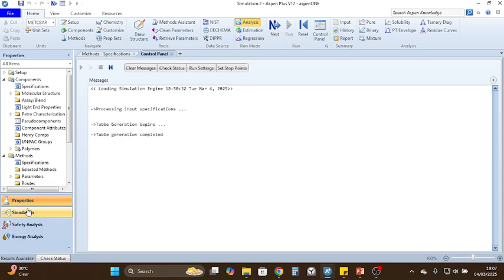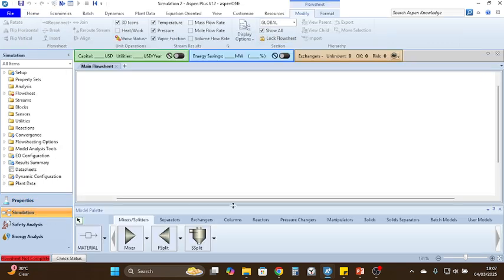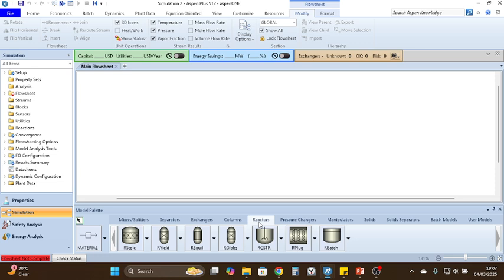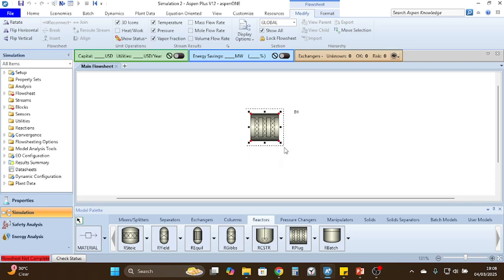Now we are going to come to simulation. In reactors, we are going to select R plug reactor. So this is the plug reactor. We are going to enlarge this, rename this as R plug.